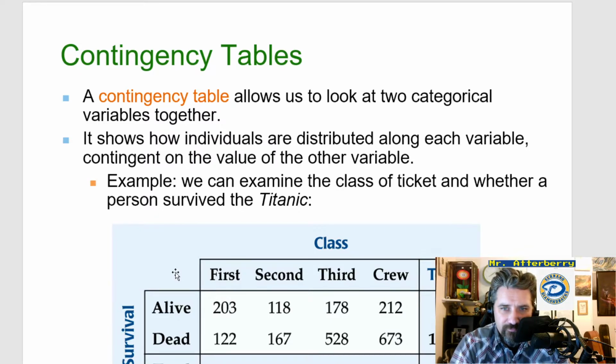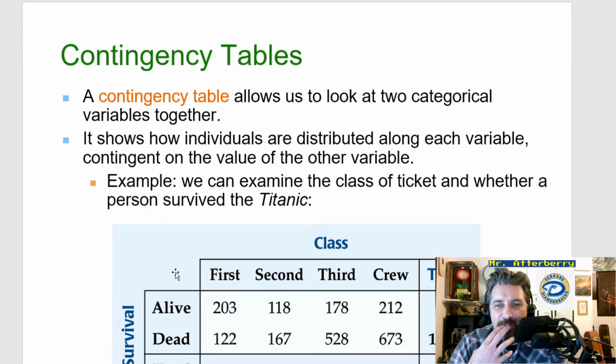So here once again, we notice from left to right we have first class, second class, third class, and crew, and then alive or dead. You notice there are totals on the bottom and totals on the side. With alive and dead, the totals are 711 people survived and 1,490 died from the accident, or disaster, or the wreck.